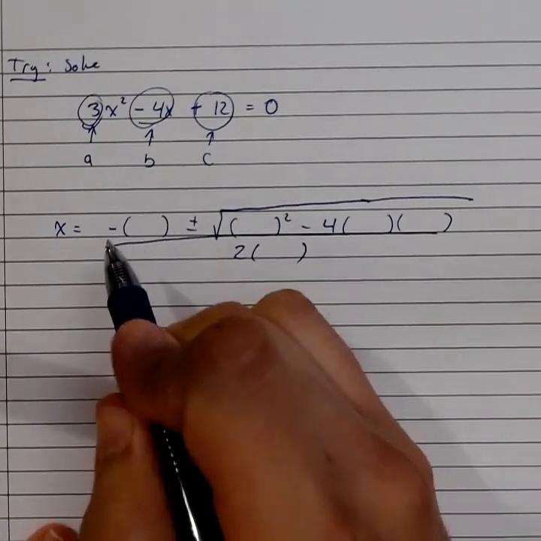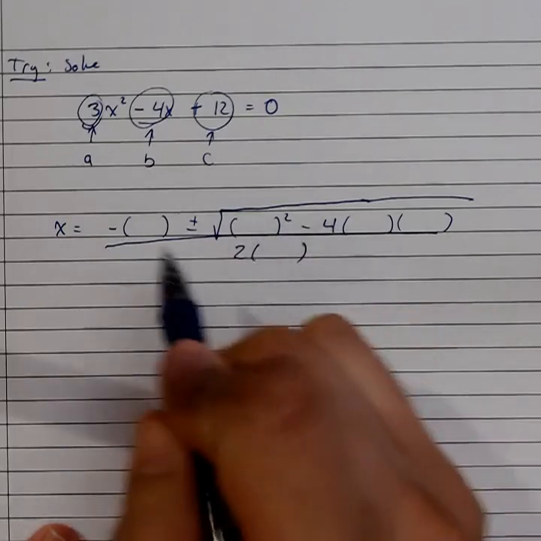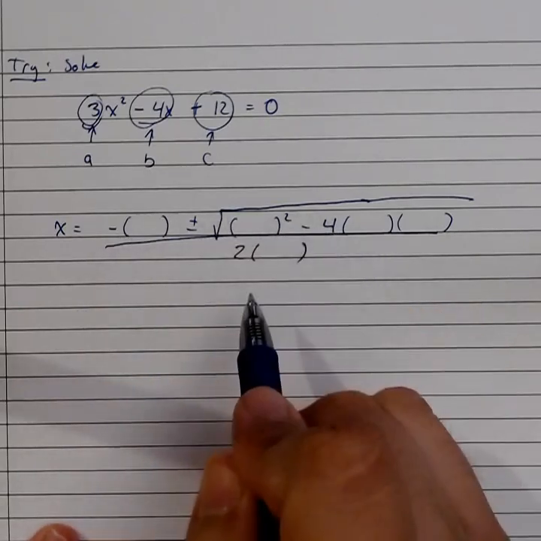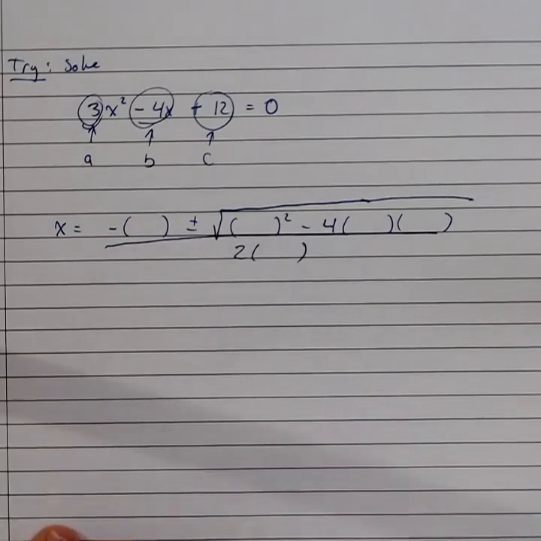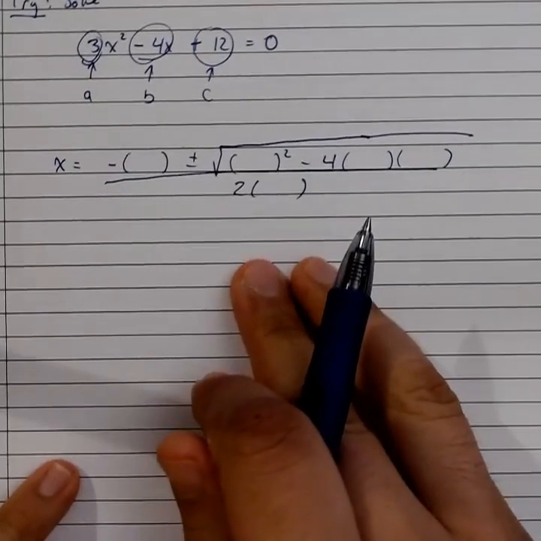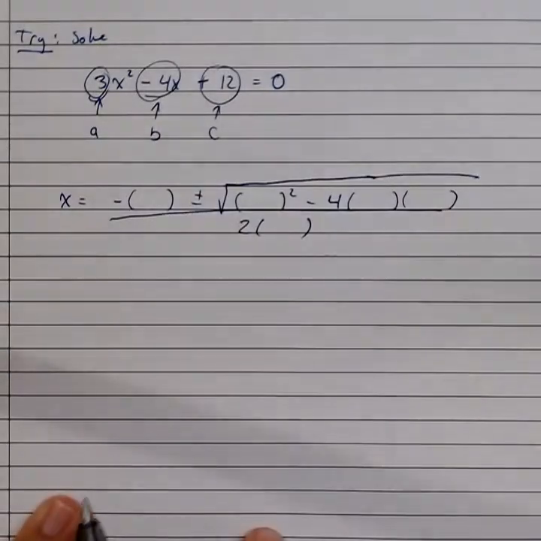They'll forget a negative here, they'll forget a plus or minus here, they'll forget a square, a 4, or a 2. Some small part of this will be forgotten, and if even one little tiny piece is forgotten in a formula, the whole thing's wrong. That's one of the biggest annoyances about a formula. There is no half right. It's either the correct formula or it's not.